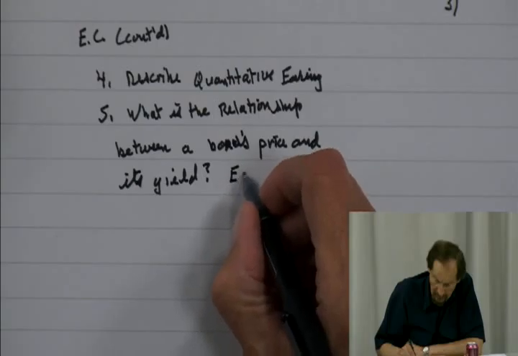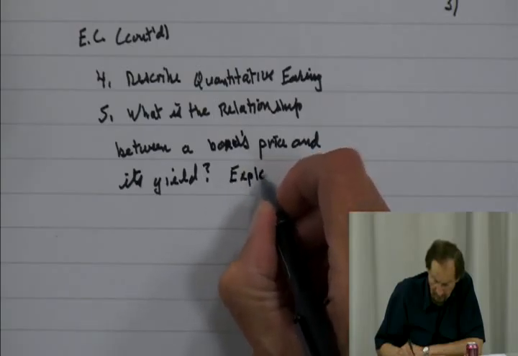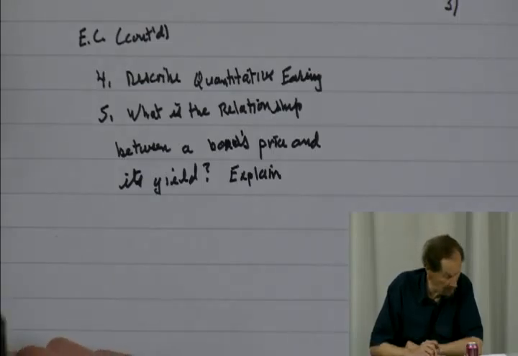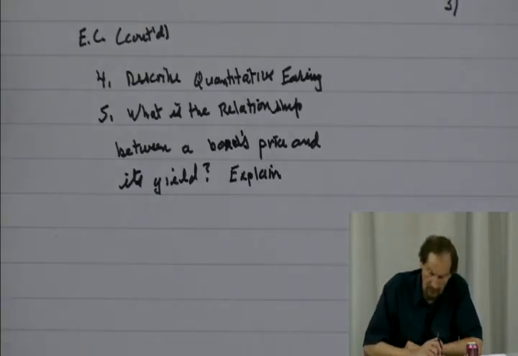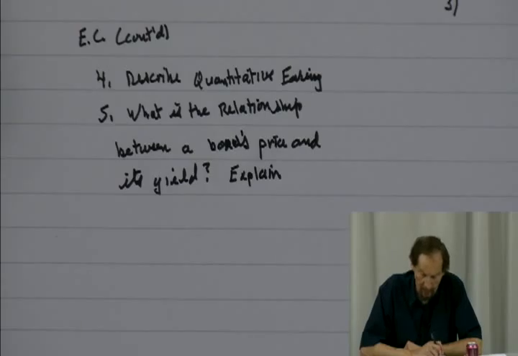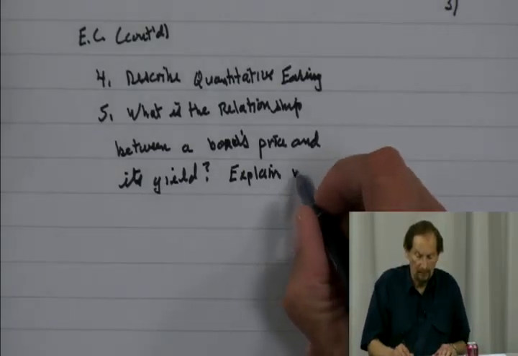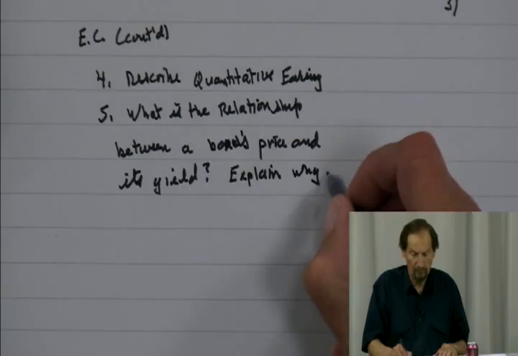And we'll say explain. This is fundamental. The relationship is that if the bond price goes up, the yield goes down, and vice versa. If the yield goes up, the price goes down. And you should explain why. Okay.